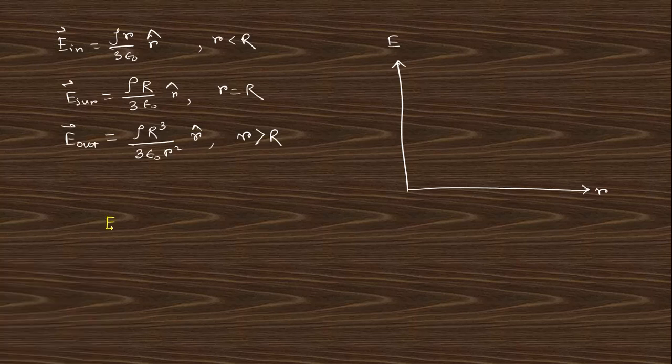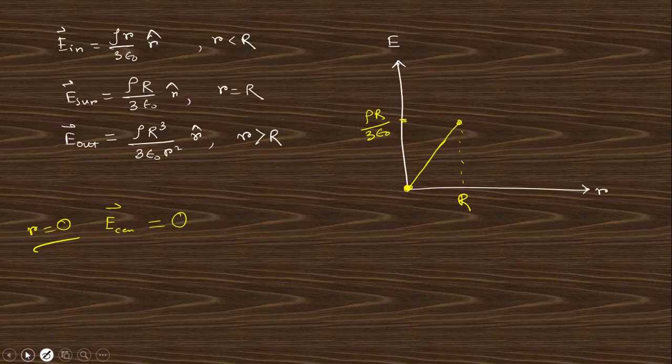Now if we want to draw the curve, at the center, if you put r equals 0, the electric field will be 0. So it starts here at 0 and increases linearly with r up to the surface, and this surface value is rho R by 3 epsilon naught.